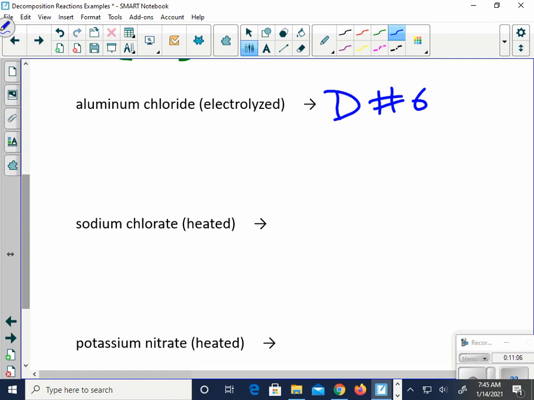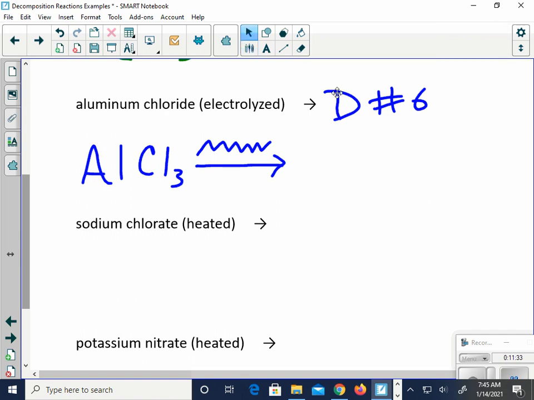So I'm going to put aluminum chloride, AlCl3. This time it is electrolyzed. Okay, we're going to do a demo sometime next week on how we electrolyze something. But to electrolyze it, I just put this little wavy line above my yield sign to show that I have an electrical current.